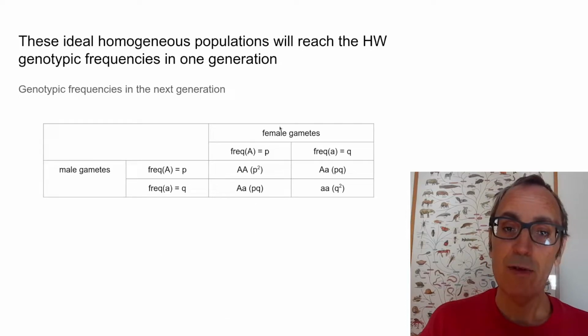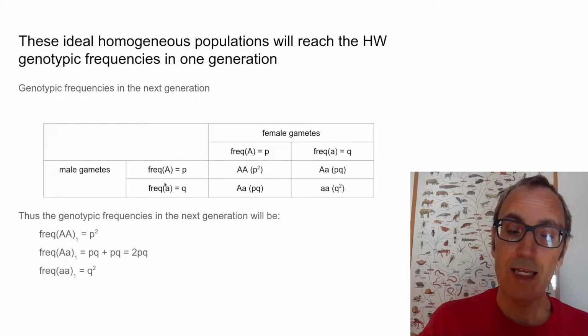Now we can calculate how many genotypes will be generated in the next generation from these gametes, and the result is that in the next generation the frequency of capital A capital A is p squared, the frequency of lower a lower a is q squared, and the frequency of capital A lower a is 2pq.